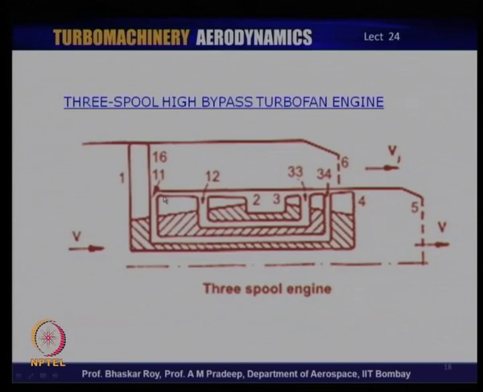So, the compressors here are separated from the turbine from the big fan, and the big fan is independently run by another set of turbines, LP turbines, which are the outermost turbines. So, outermost turbines run the outermost compressor or the big fan, and the intermediate ones run themselves, and the innermost compressor and turbine run each other.